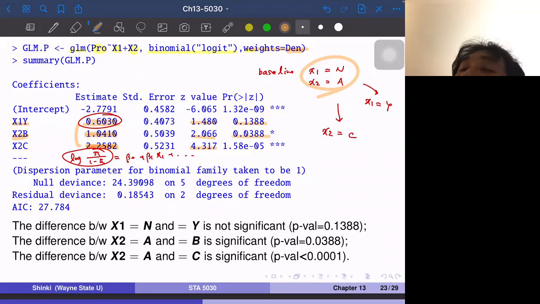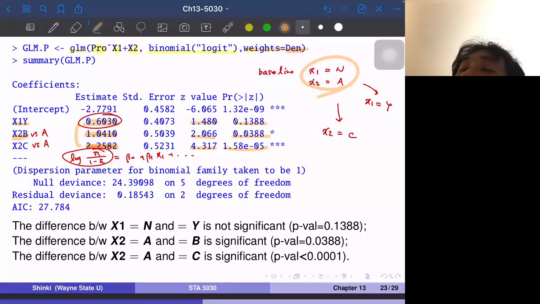And x2 equal to c. So basically this compares b versus a and c versus a. If x2 is equal to c, it has a much higher probability of success than x2 equal to a.